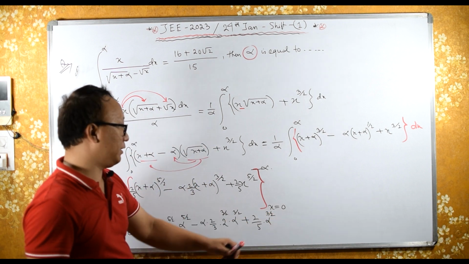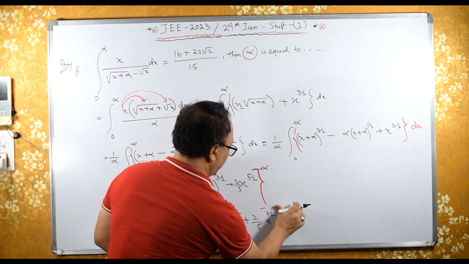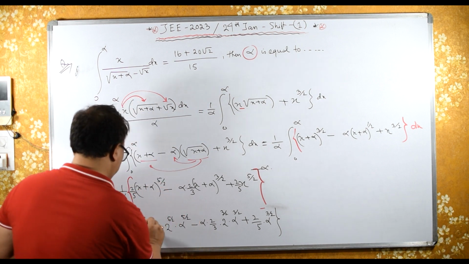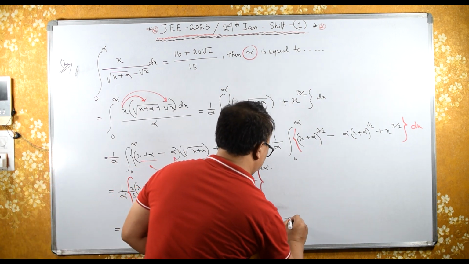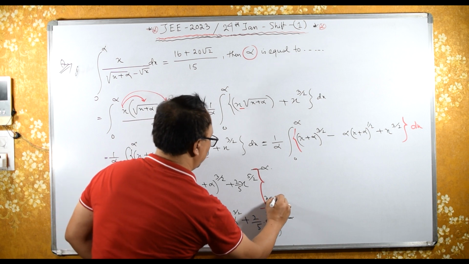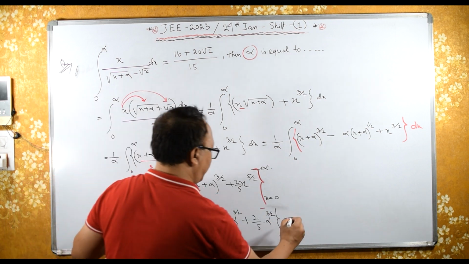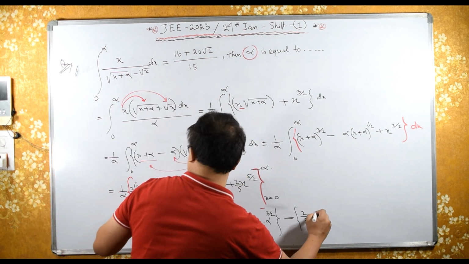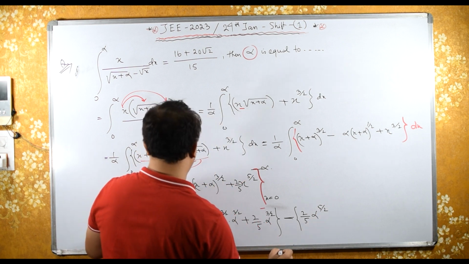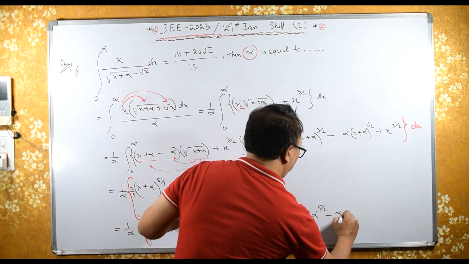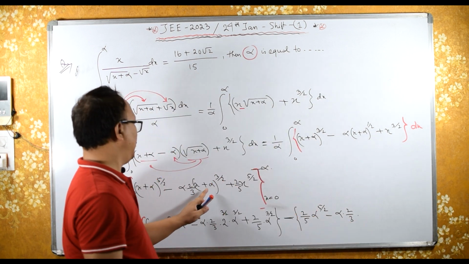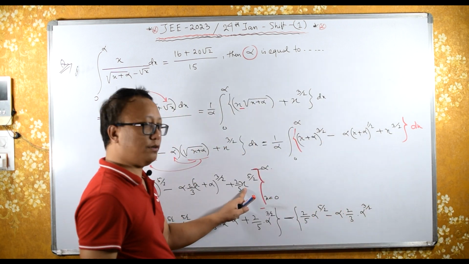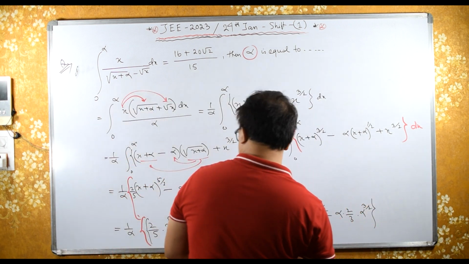This is the upper limit only, minus the lower limit. When x equals 0, instead of x you substitute 0: here we have 2 by 5, alpha raised to 5 by 2, minus alpha 2 by 3, alpha raised to 3 by 2. Now here it becomes 0, so we don't need to write anything.